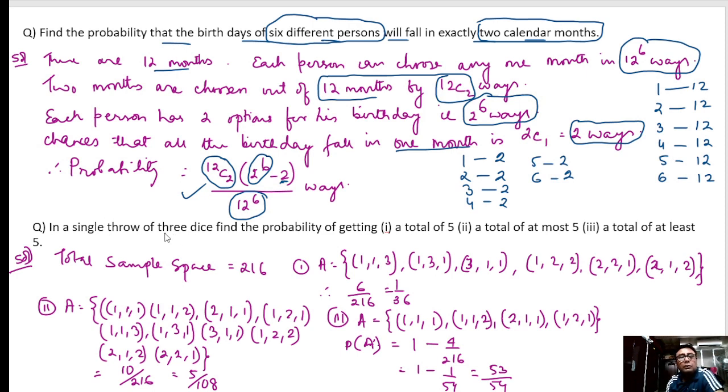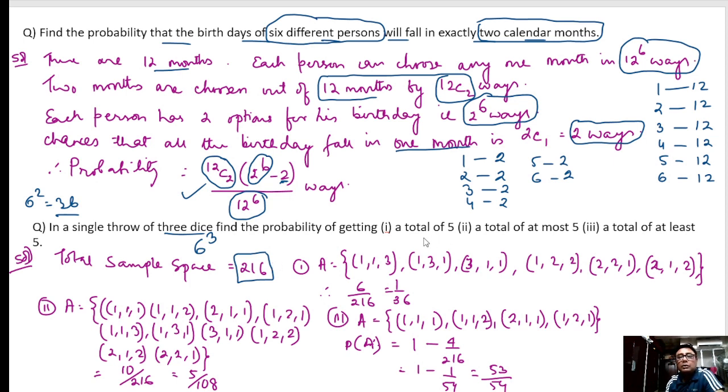In a single throw of 3 dice, please note that if you throw 3 dice, the total sample space is 216, because it is 6 to the power 3. If you throw it 2 times, it will be 6 to the power 2, which is 36. If you throw it 3 times, the total sample space will be 216.